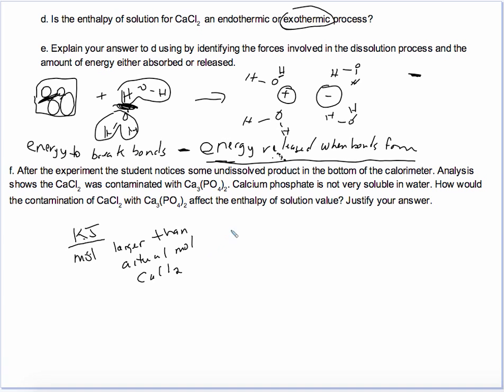So if this number is bigger, you're going to get a lower delta H value. It's going to be lower because your moles are larger than the actual moles of calcium chloride, and so you wouldn't get as much energy as you would expect from the calcium chloride. The moles would be larger than actual, so that's going to give you a lower delta H.